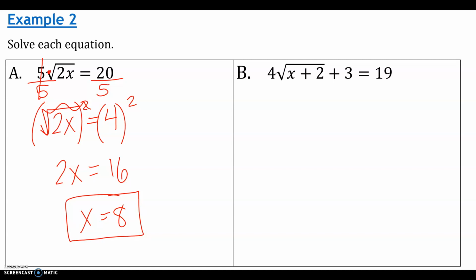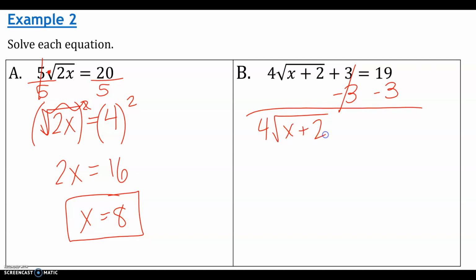Now letter B, you have two extra numbers. You have this positive 3 and you have this division of 4. We are going to subtract our 3 first because we cannot divide all those numbers by 4. So 4 times the radical of x plus 2 equals 16.